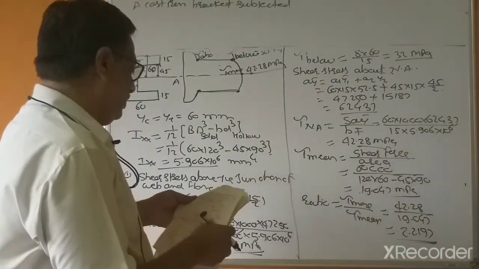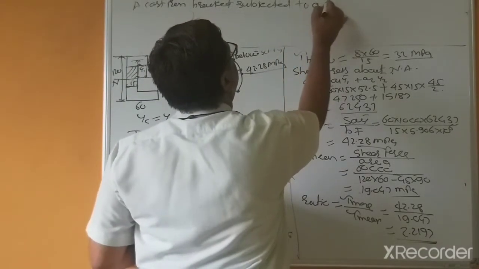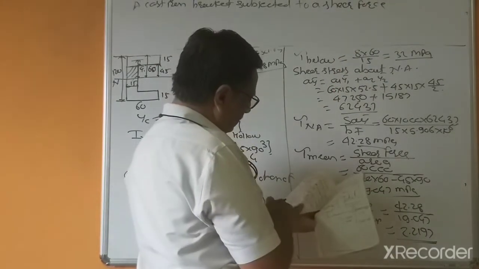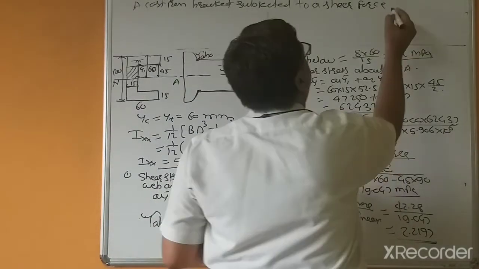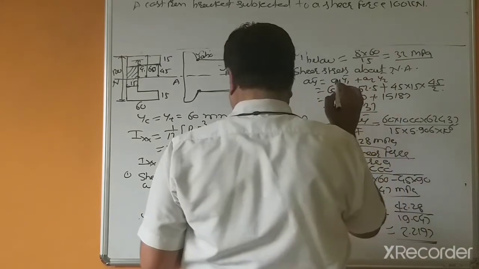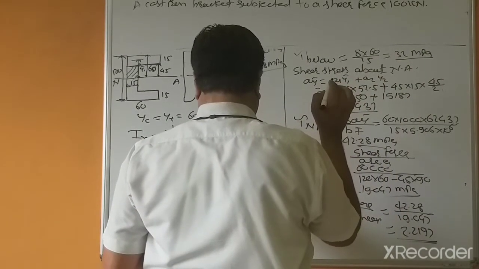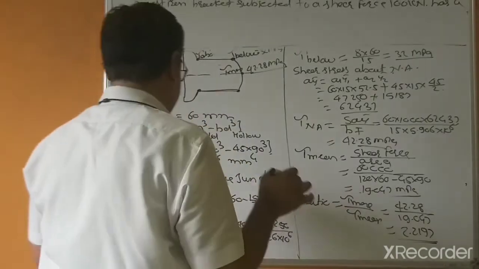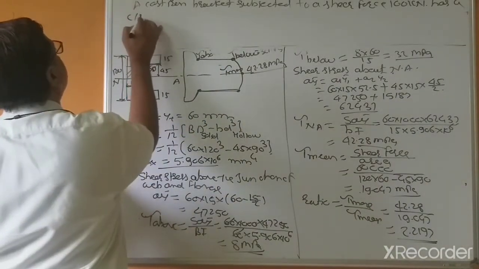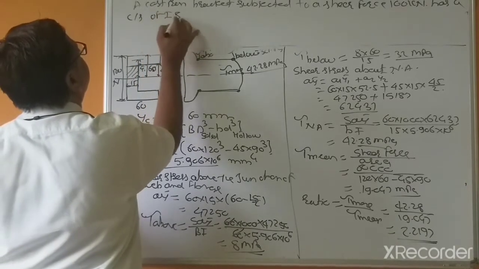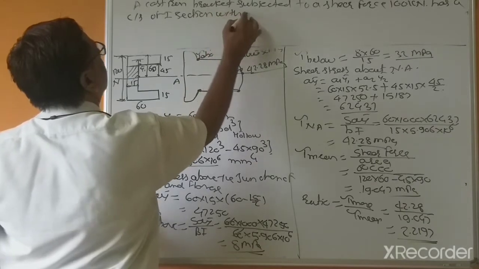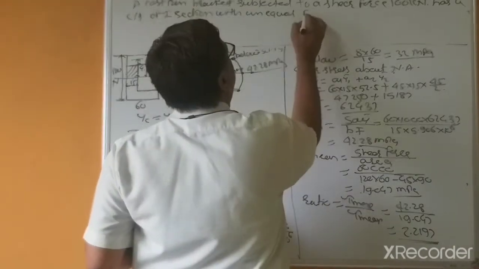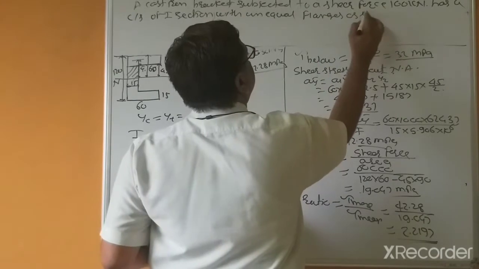Right, subjected to a shear force 100 kilonewton, has a cross section of I section with unequal flanges as shown in figure.